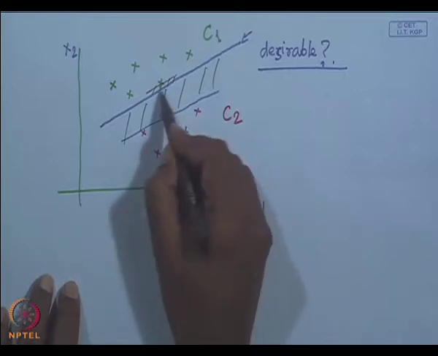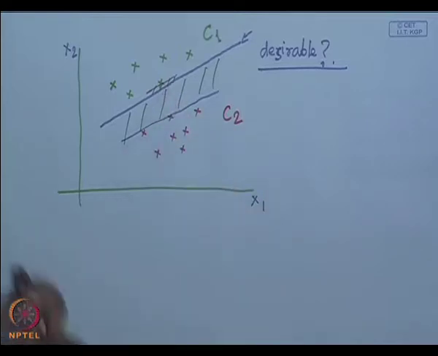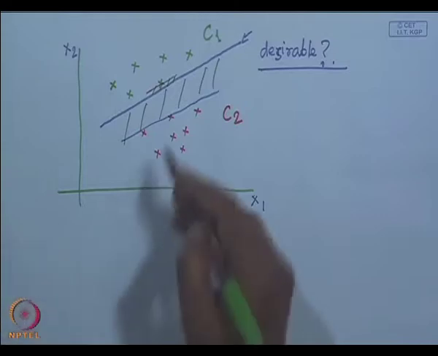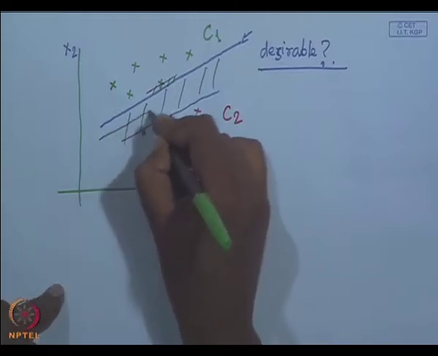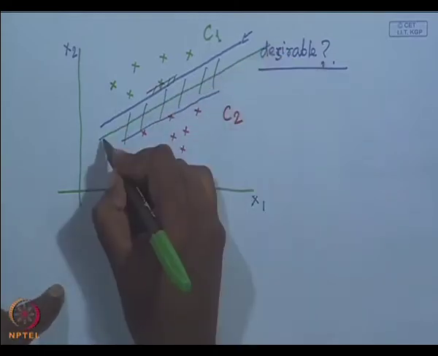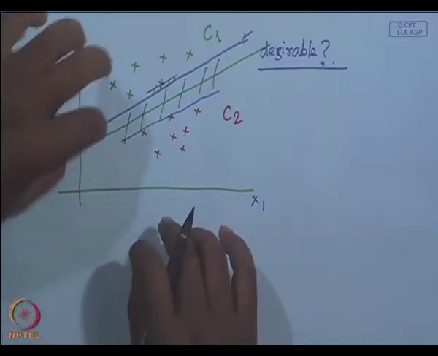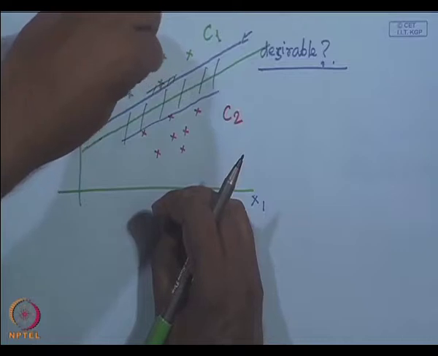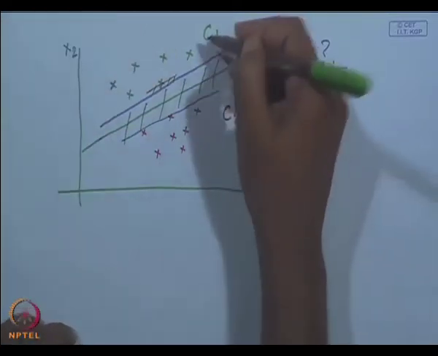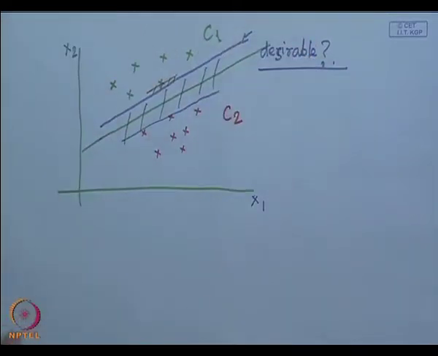Rather than this classifier, I would prefer to have a classifier somewhere over here, so that the training vectors from both class C1 and class C2 are equally apart from my classifier, or the plane separating these two different classes.